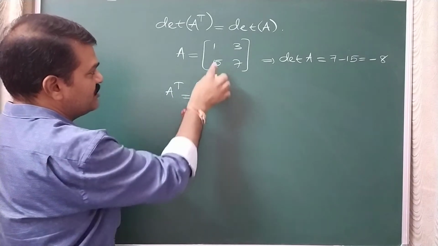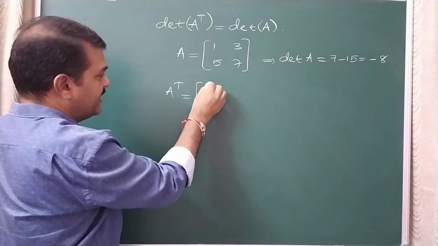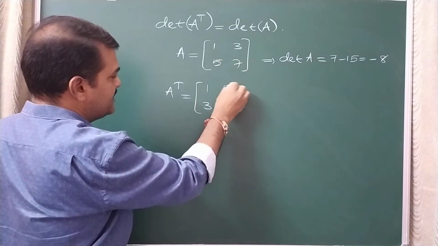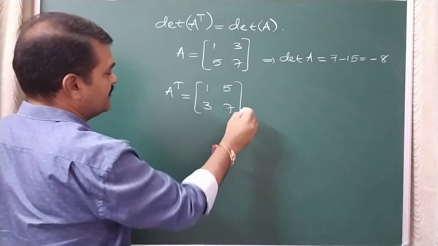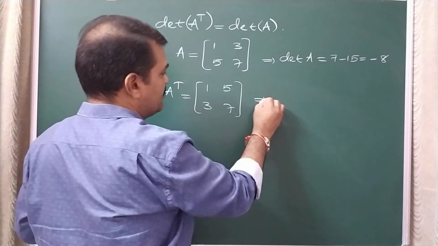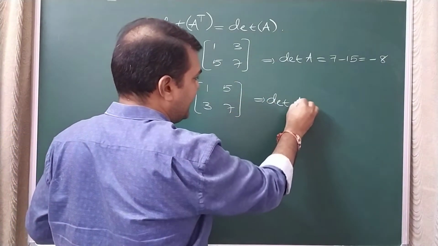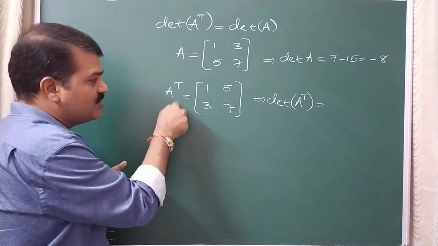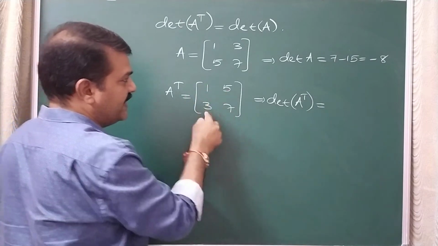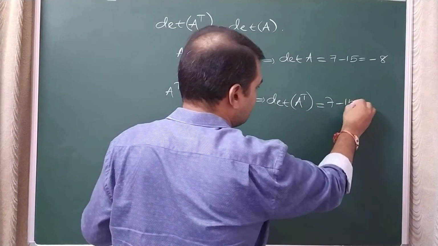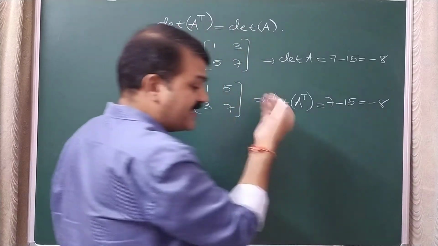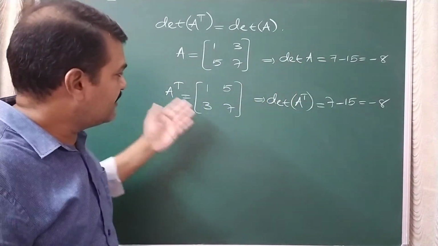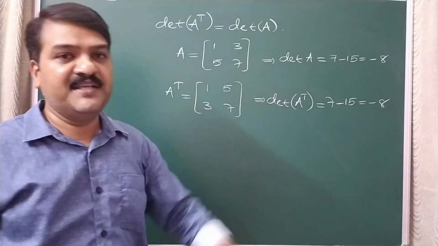A transpose means the first row is written as the first column, the second row is written as the second column. This is A transpose. So what is the determinant of A transpose? It is 7 minus 15. You are getting the same. Clearly you can see the determinant of A we got and the determinant of A transpose are also the same.